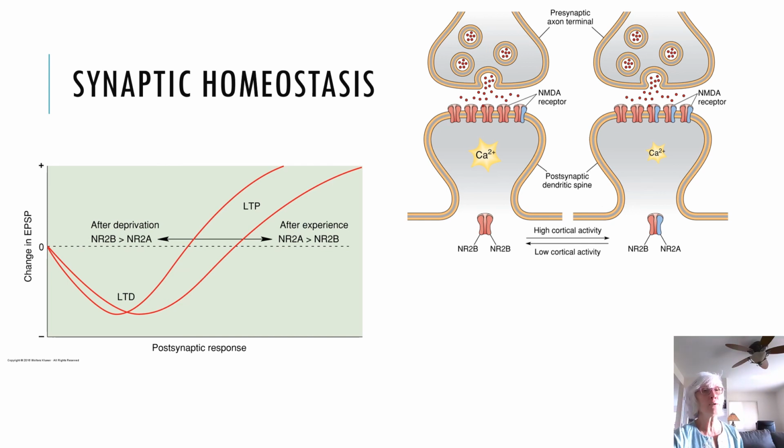So we're going to establish our new normal because of the phosphorylated AMPA receptors that are there, but also because of the NMDA receptors that are there. And the NMDA receptors are going to alter their responsiveness dependent upon their composition, the subunits that make them up.